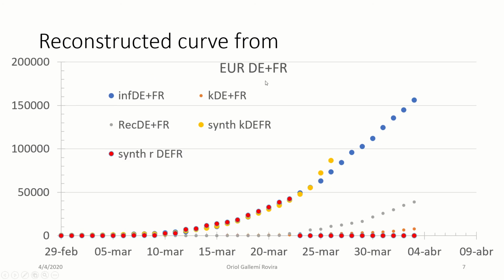In Europe, in Germany and France, it looks like the three curves are similar: the original infection curve, then when we overlap it with the death rate, and when we overlap it with the recovery rate. All of them match.